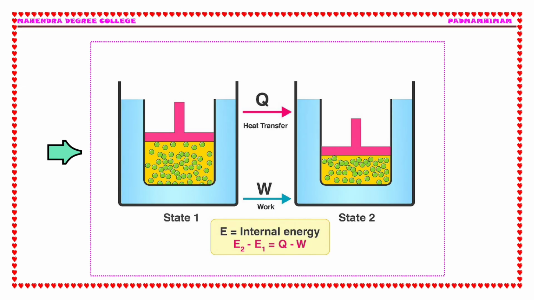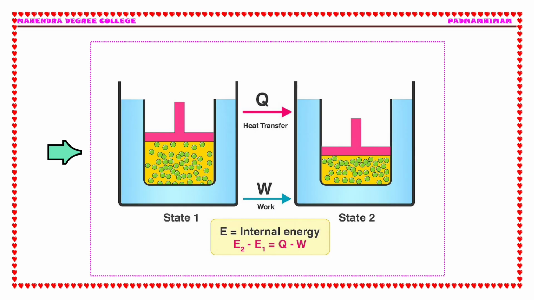Explanation. State 1 represents the initial state of the system with a certain internal energy, means E1. Heat transfer Q represents heat transferred into the system, increasing its energy.